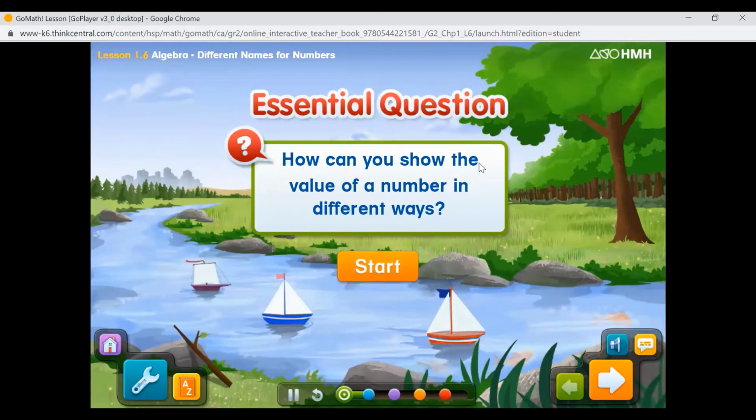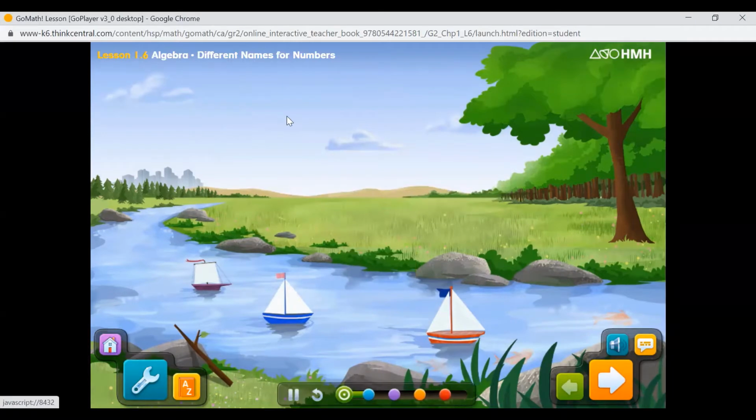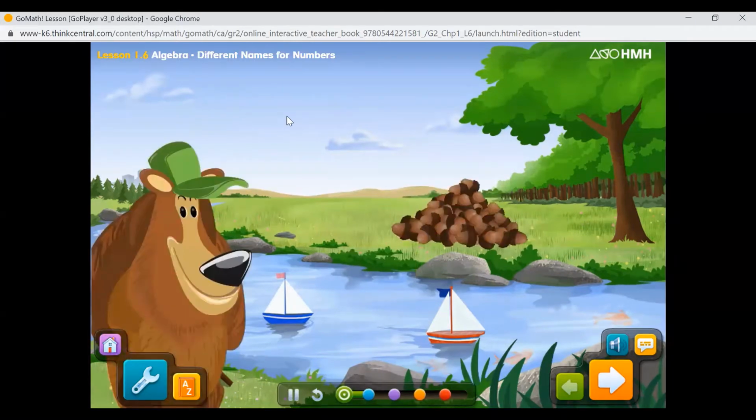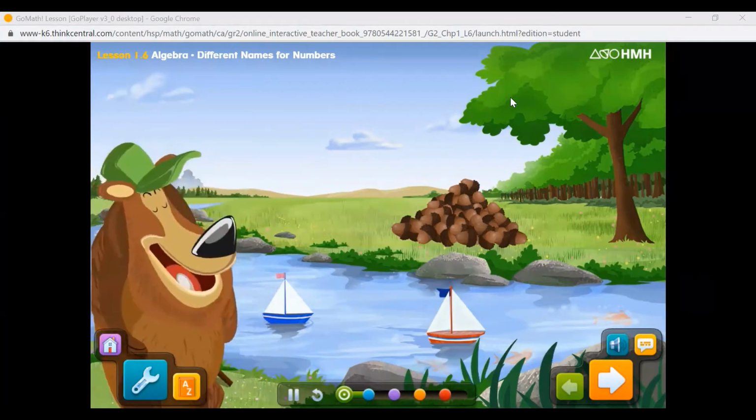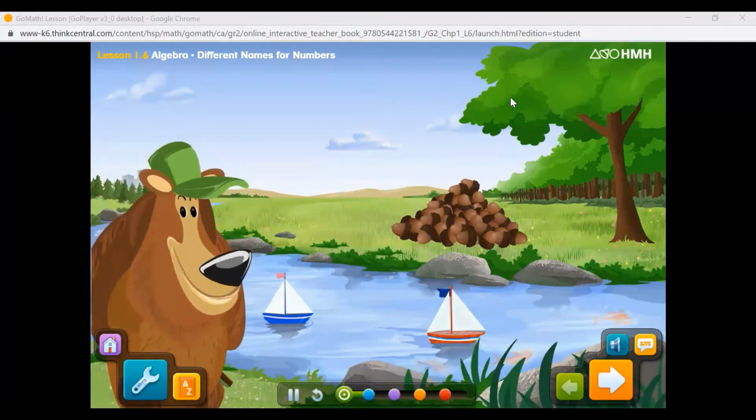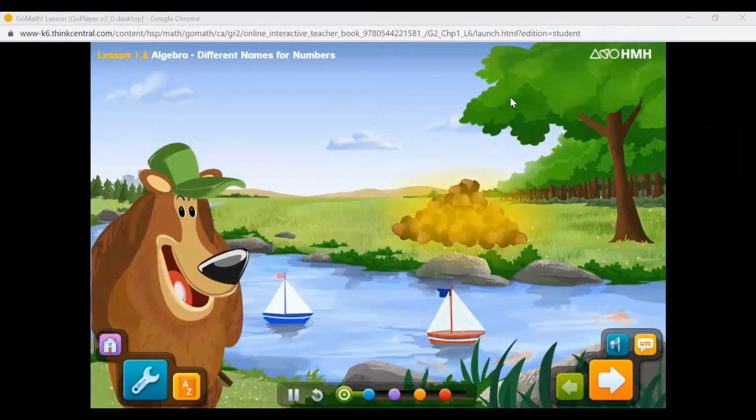How can you show the value of a number in different ways? Well, hi there! It sure is a nice day for collecting acorns. Just look at the big pile of acorns I've already collected. I wonder how many I have. Could you help me?